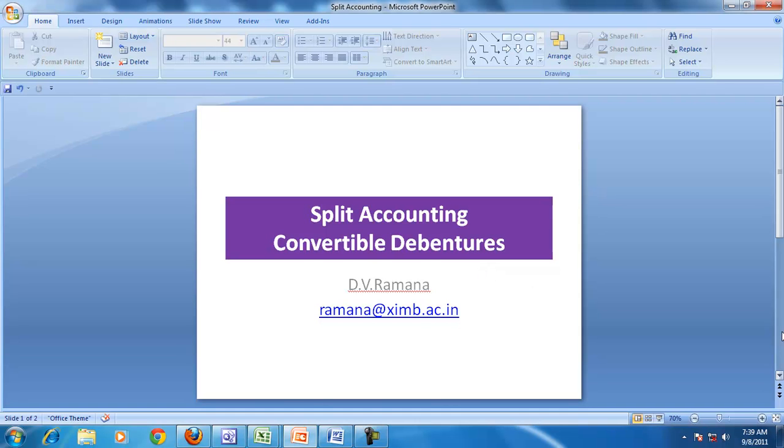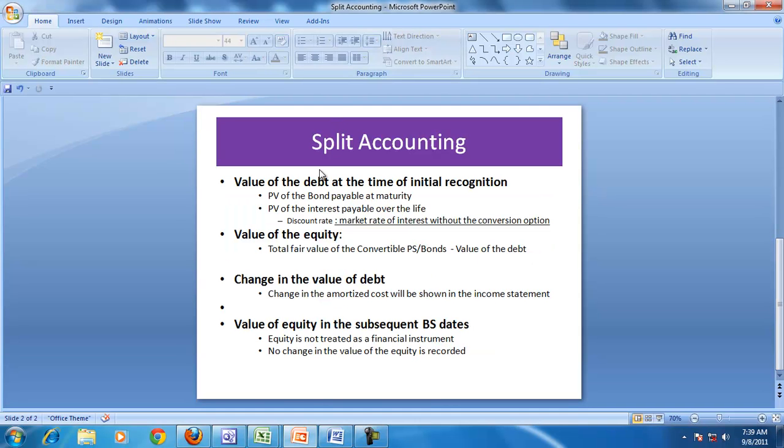To recap, in case of convertibles like convertible debentures, one has to use split accounting according to IAS 32. The value of the debt at the time of initial recognition should be divided into debt and equity.